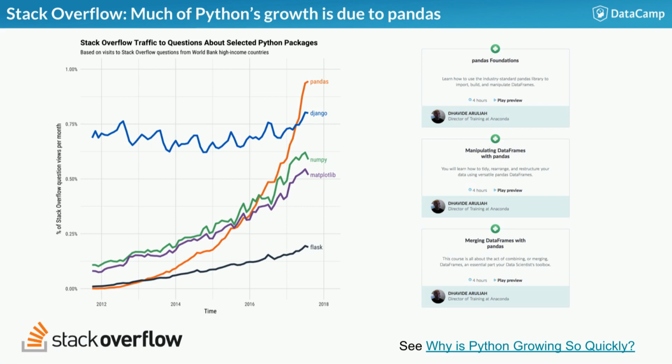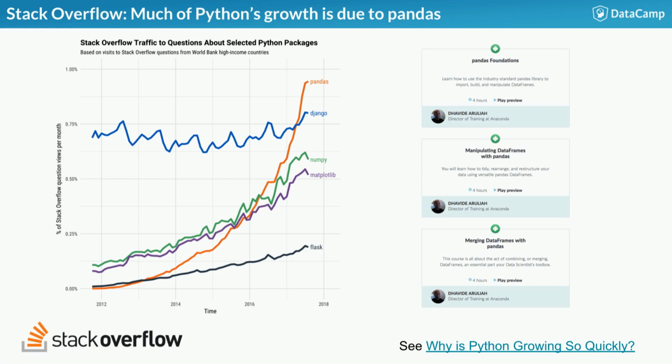Django, as some of you may know, is a web development framework written in Python. Pandas is a really popular package for data manipulation. NumPy and Matplotlib are also used for data analysis and data science.